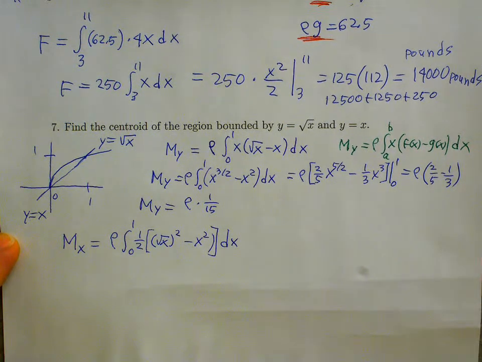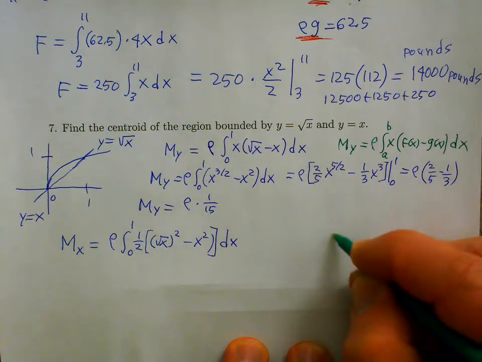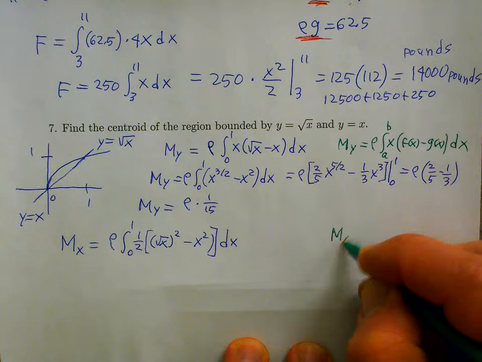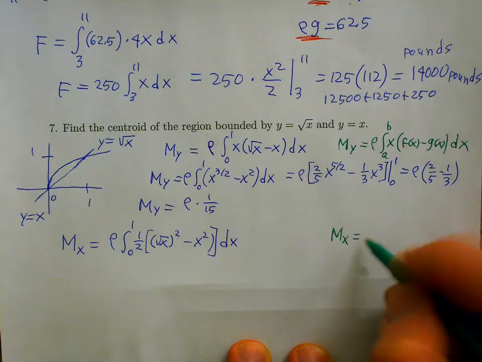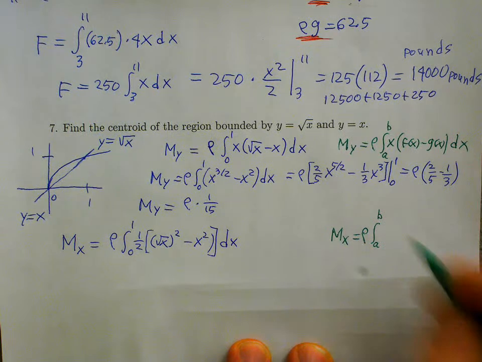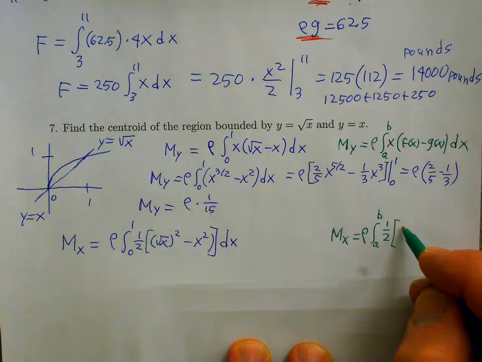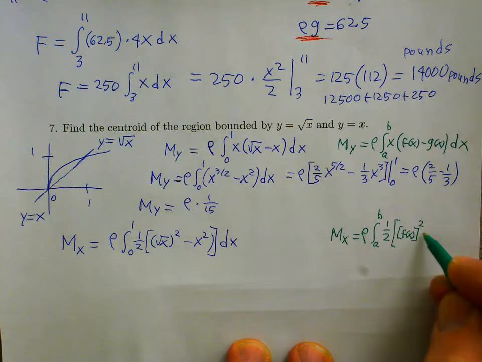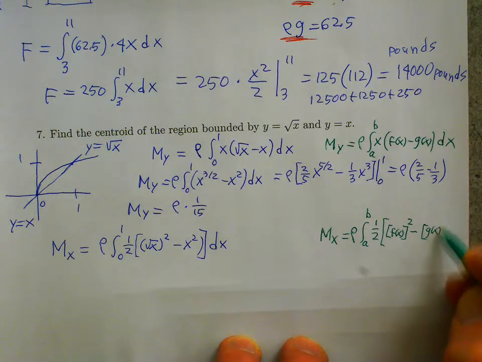So this formula, in general, the moment of the region about the x-axis, is rho times the definite integral from a to b of 1/2 times the square of the function f of x, minus the square of g of x, dx.